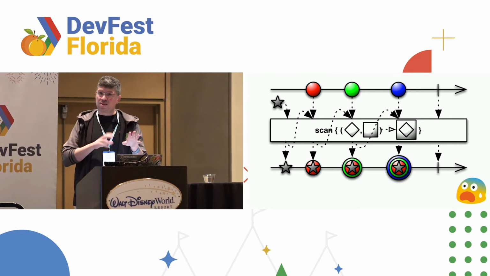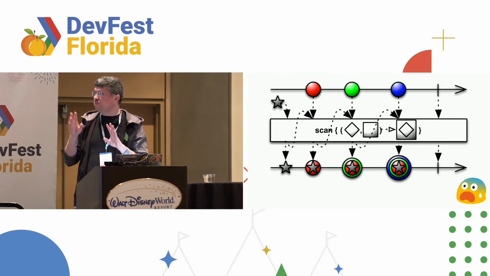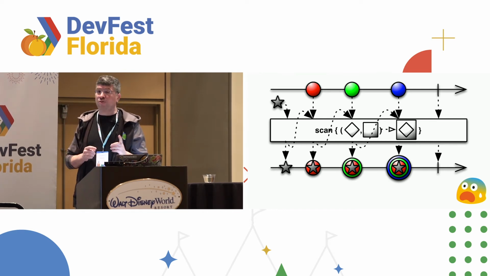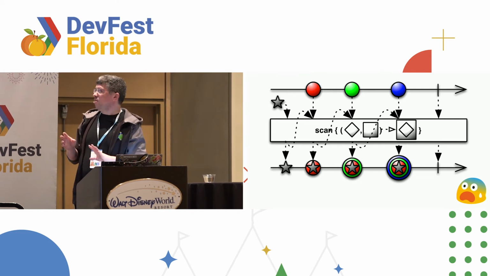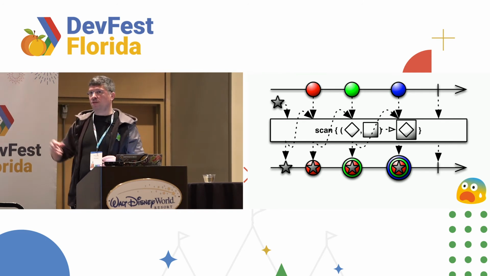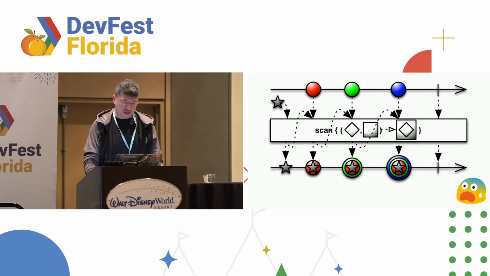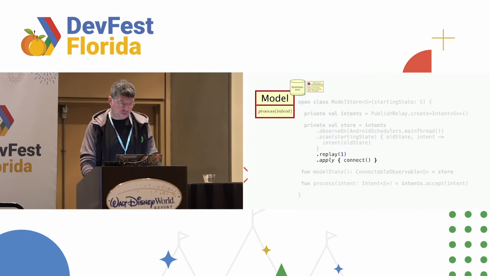Of course, this is a new copy, a new immutable object, so it's not like you've just mutated the thing, although you could, but you shouldn't, right? So this is how you chain all the events and how these intents are processed. Scary diagram, but really, really cool operator.